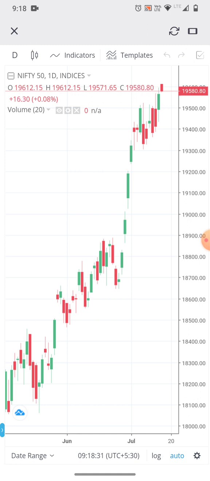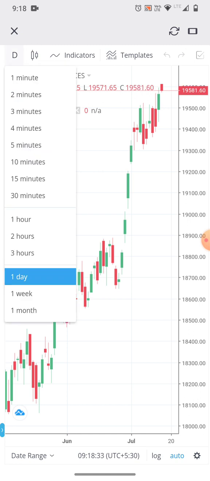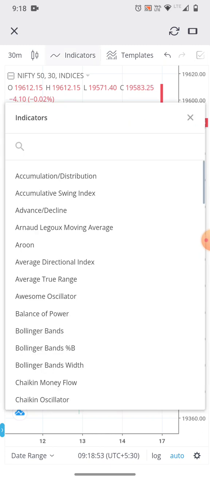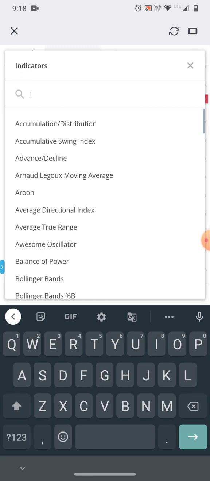The time frame I usually use, and I recommend everyone to use, is 30 minutes for intraday. That works for me, and I guess will work for you guys as well. And indicators, I usually use two indicators most of the time, not always.